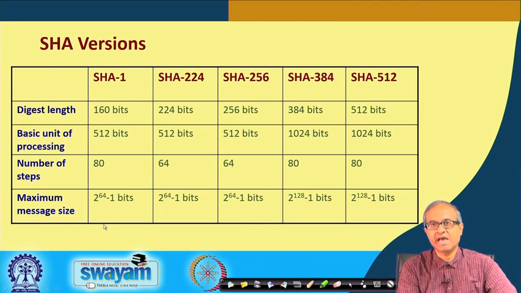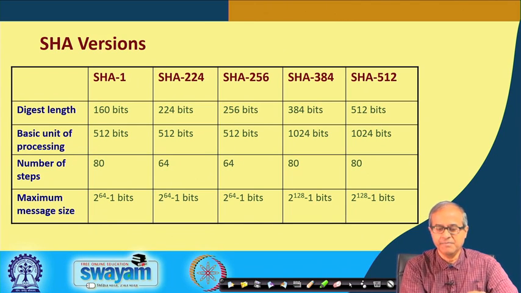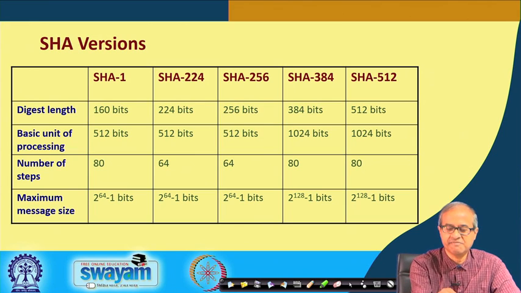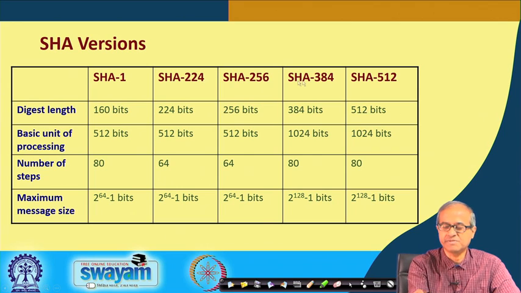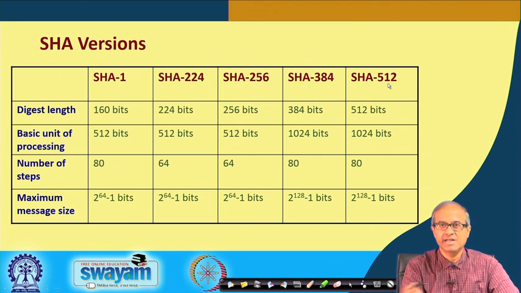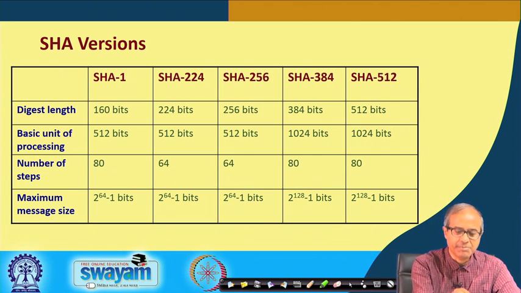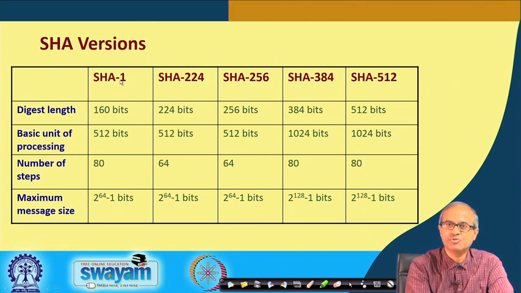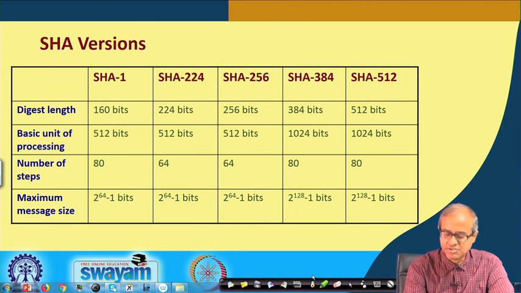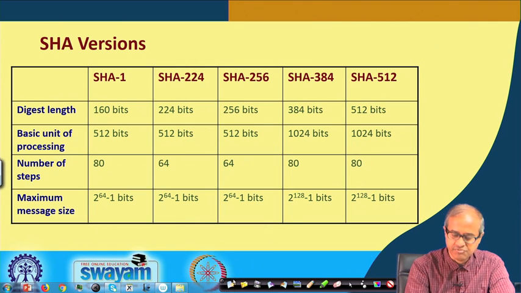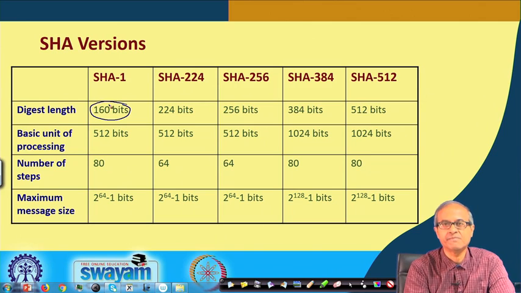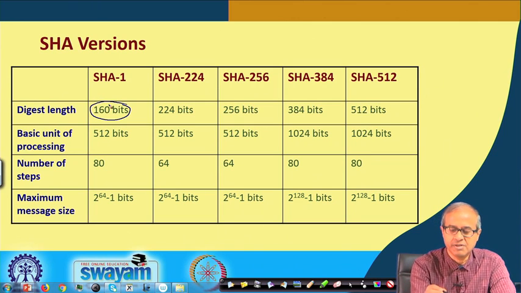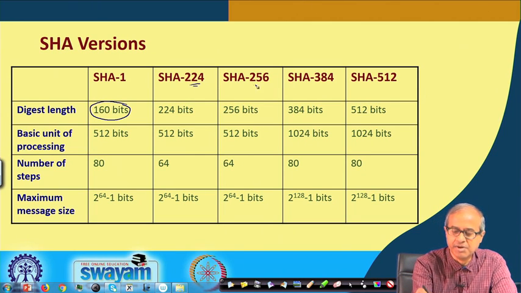Now, talking about the different hash versions of SHA, in this table I have just summarized 5 different versions: 1, 224, 256, 384 and 512. They are distinguished primarily by the digest length. SHA1 is the most basic version. It uses 160 bits of final hash value, but for the other ones, this number indicates the size of the hash.